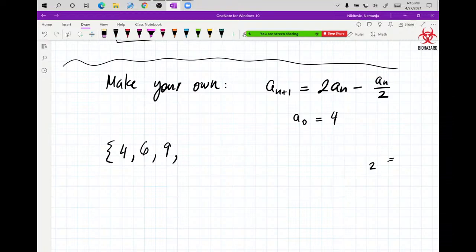And now we're going to start getting fractions. 2 times 9 is 18, minus 9 divided by 2, that's 4.5, so we're getting 13.5. And it's going to go like that forever. But I need something to start. And once I have something to start with, we can go and deal with this.